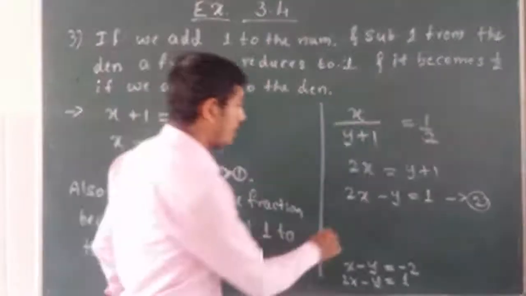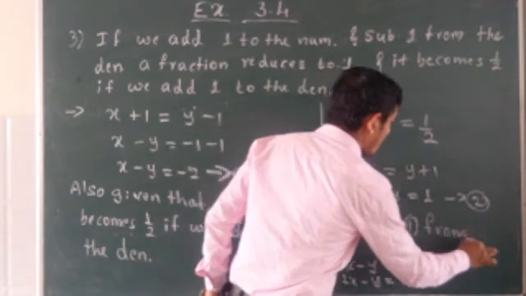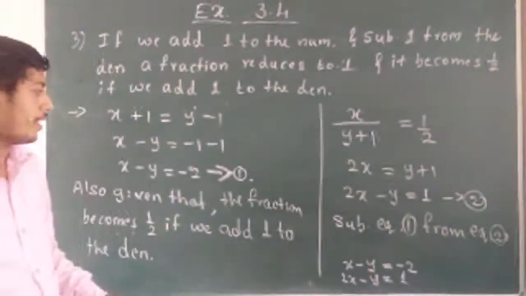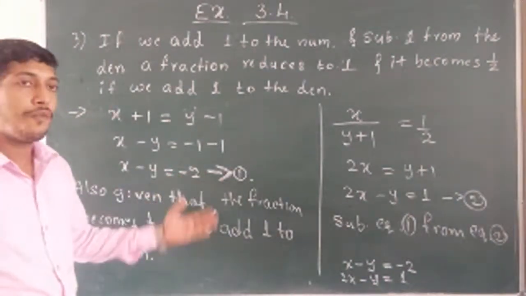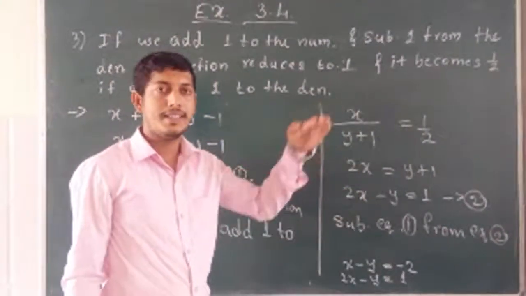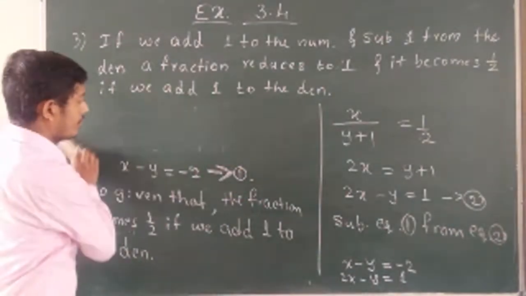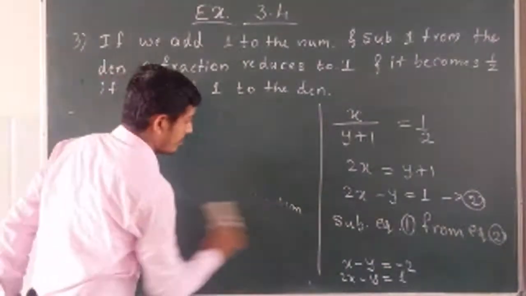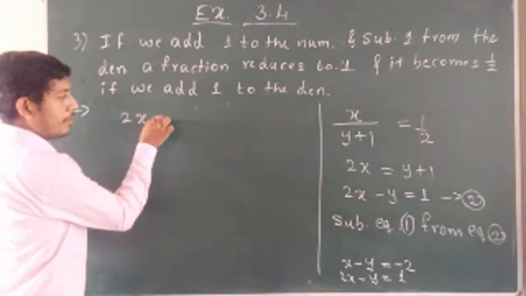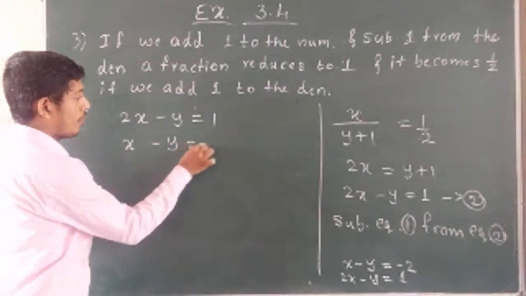Okay, so I will subtract equation 1 from equation 2. That means we have to write 2x minus y equals 1 in the first step, and in the second step we write x minus y equals minus 2.